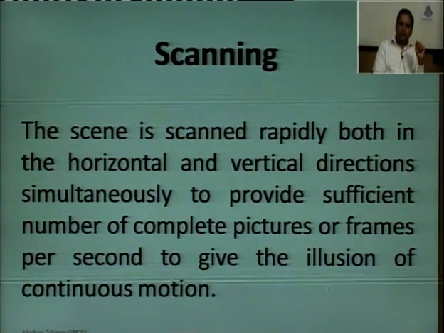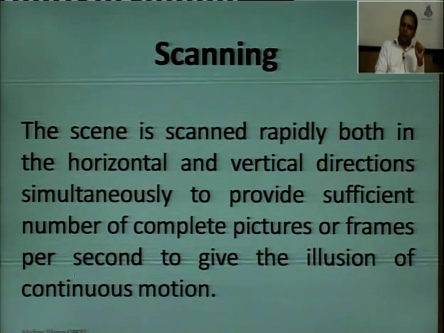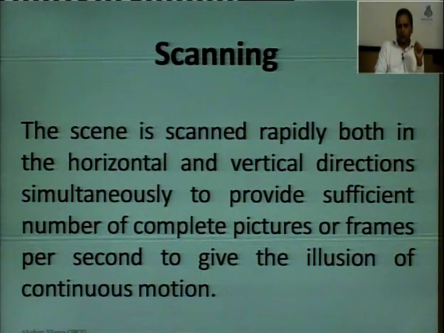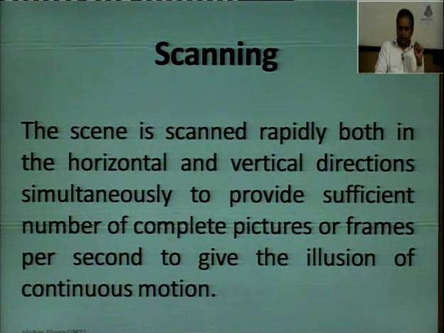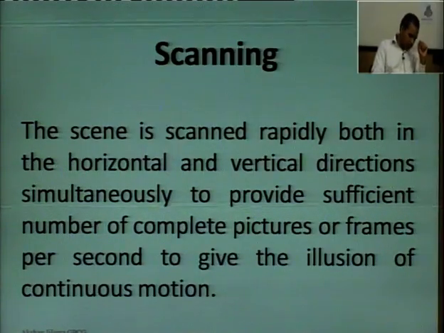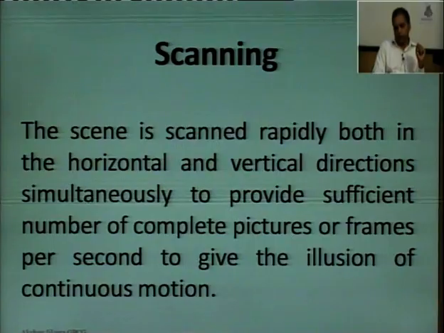The scene is scanned rapidly, both in horizontal and vertical direction simultaneously, to provide a sufficient number of complete pictures or frames per second to give the illusion of continuous motion. This illusion of continuous motion is also called the illusion of continuity.